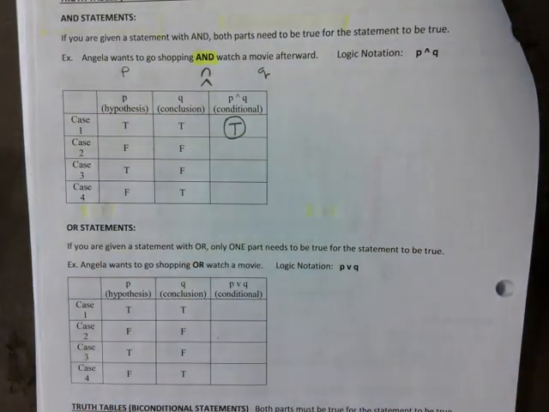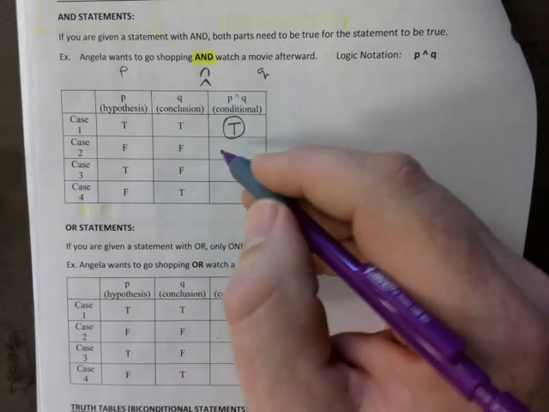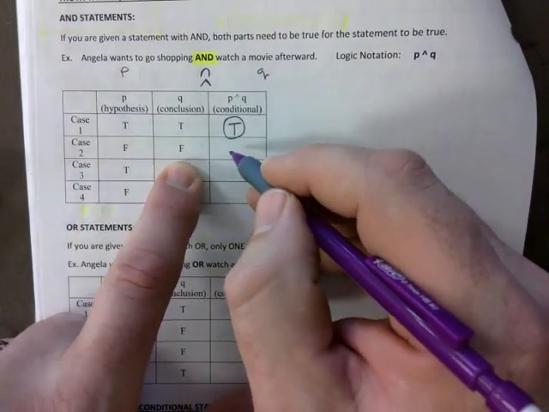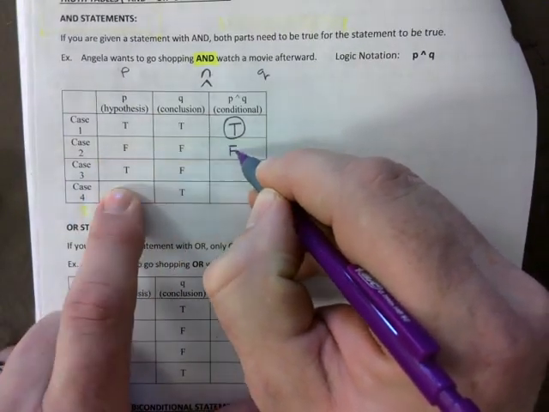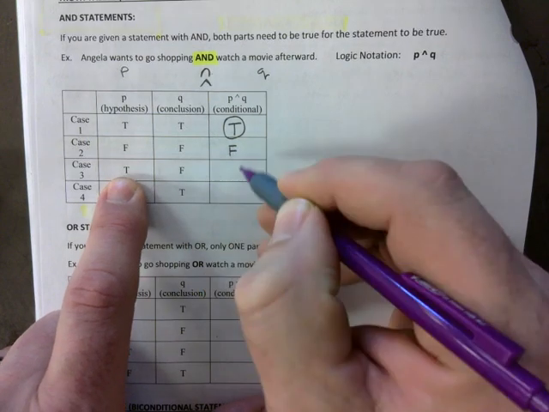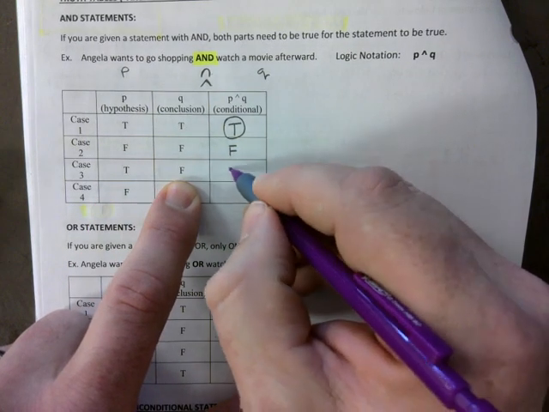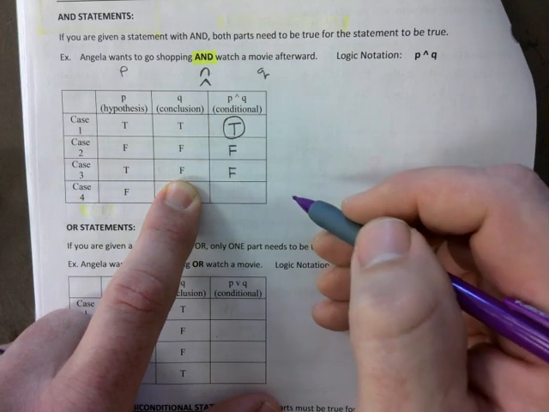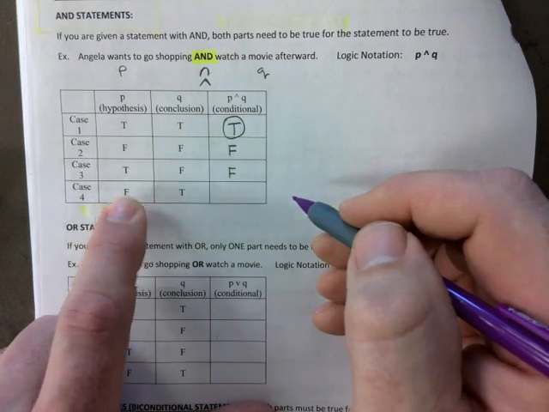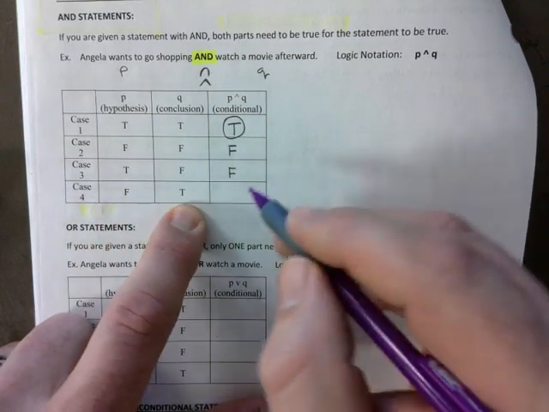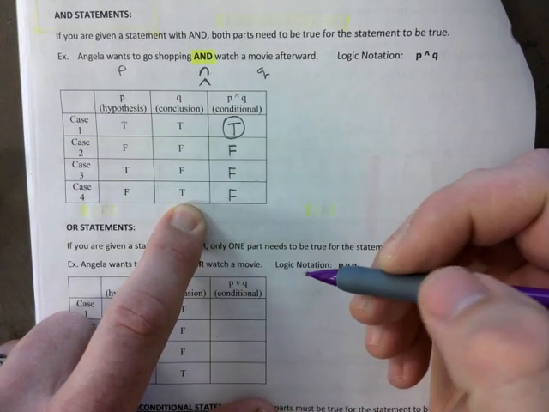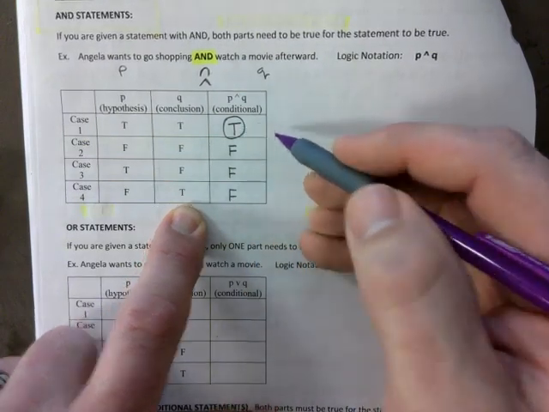I circled the unique parts. Everything else, if you don't do both of them, obviously you've lied. If you go shopping but you don't go to the movie afterwards, you've also lied. If you've not gone shopping and only went to the movies, you've also lied, right? So both have to be true.